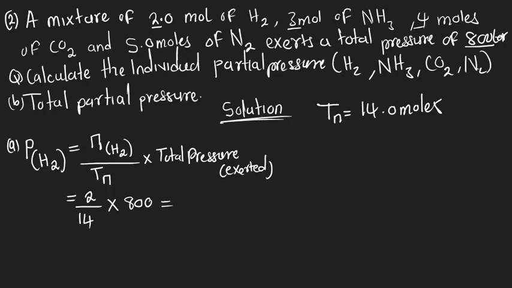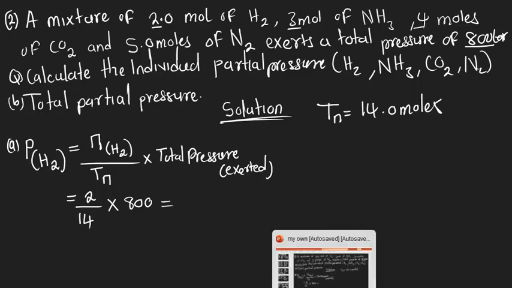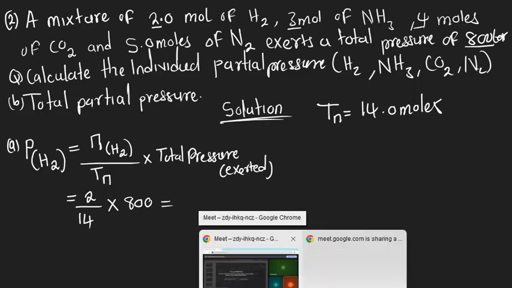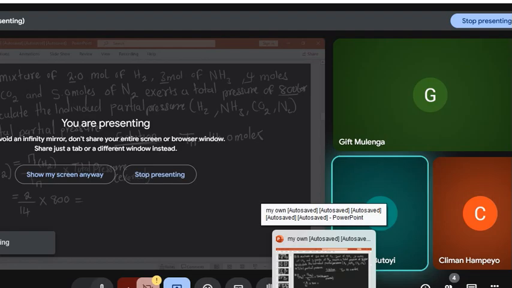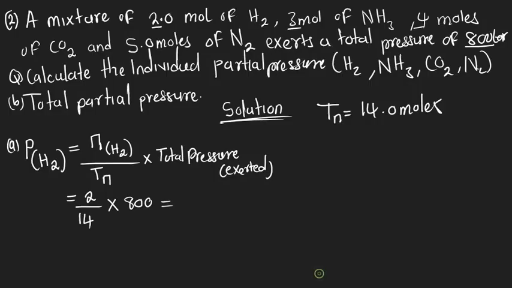Okay, I want each one of you to pick one. Gift, I want you to find for ammonia. Then Wutoy, I want you to find for carbon dioxide.